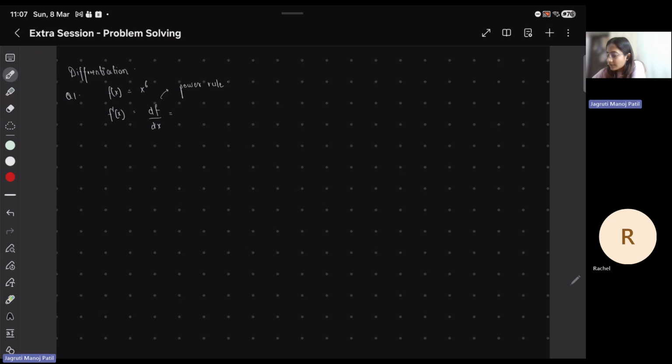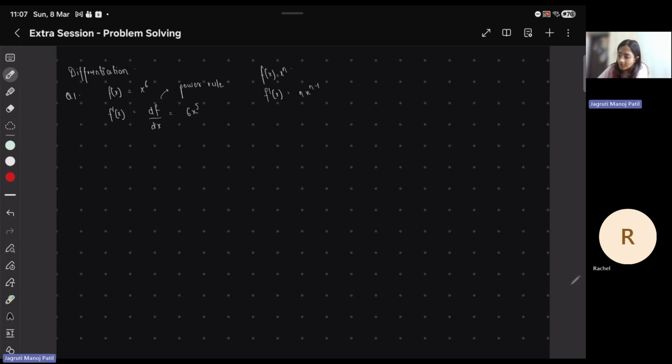If you have x raised to n as f of x and you want to find f dash of x, it would be n x to the n minus 1. So here also you have 6 x to the 5.